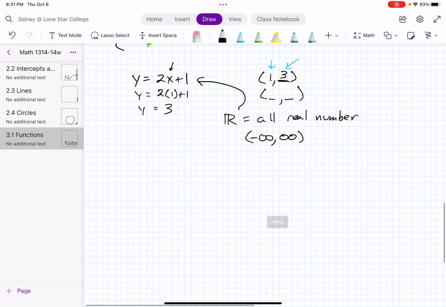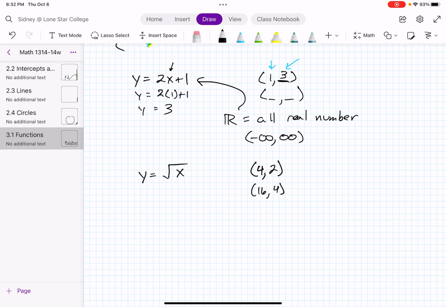So for example, if I look at the equation y equals the square root of x. Now if I plug in 4, if my x value is 4, you could say, well, the square root of 4 is 2, so my output is 2. That's fantastic. And if I plug in 16, you could say, well, the square root of 16 is 4.